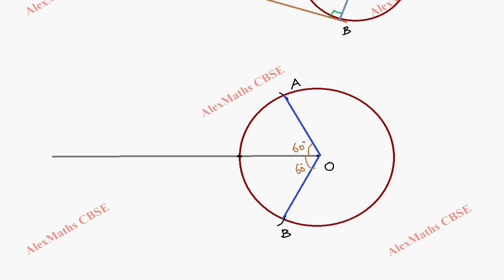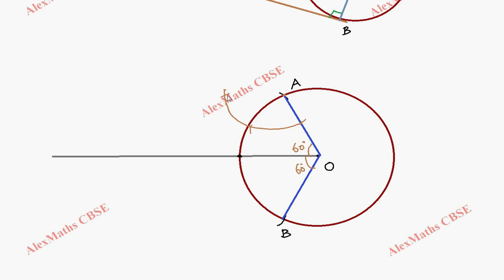Now we have to construct a perpendicular line for this OA and OB at A and B. For that we keep the compass at the point A, we draw an arc like this, then with the same dimension we keep it here and we cut an arc something like this, then another arc something like this.